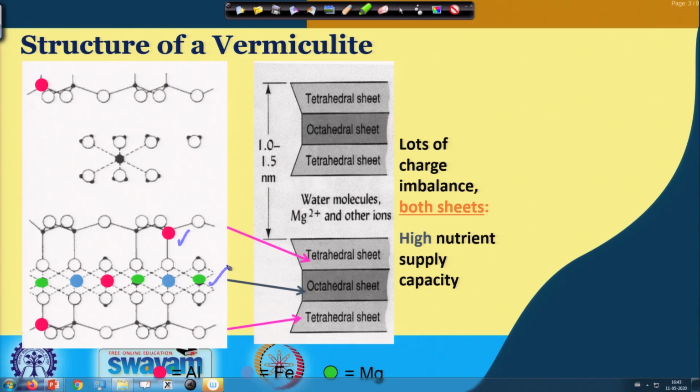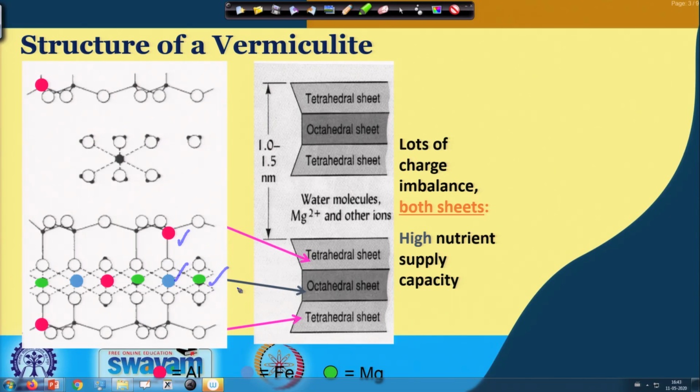So, you can see in the tetrahedral sheet silica gets replaced by aluminum, whereas in the octahedral sheet aluminum gets replaced by magnesium as well as iron. Irons are denoted by these blue dots, whereas green dots are magnesium. As a result, you can see isomorphous substitution going on in both sheets, octahedral and tetrahedral.